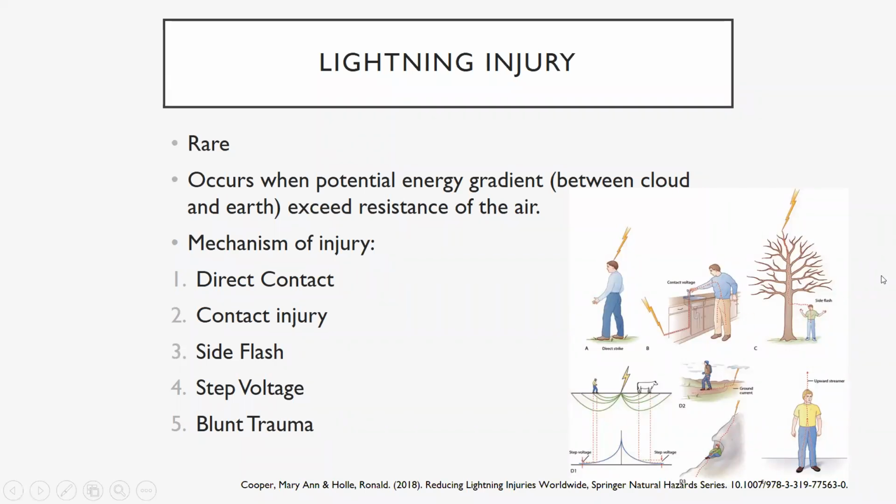We all know what that is. Step voltage is where you're not touching anything, but the electricity gets conducted to the ground and hits the person. It's the bottom left figure there.